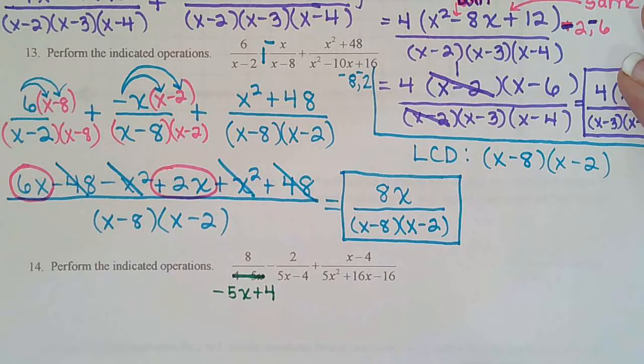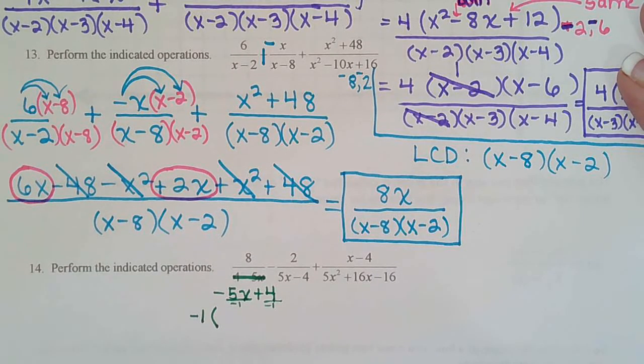So I'm just going to wipe that one away. So we learned you do not want the negative in front of that. So you take out negative 1. And when you divide both of these by negative 1, like we learned way back in 4.5, we get positive 5x, negative 4.